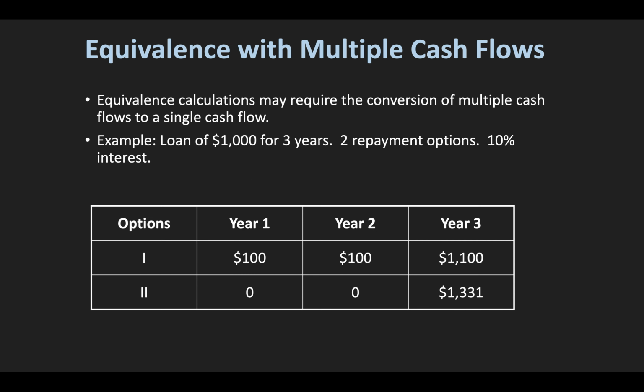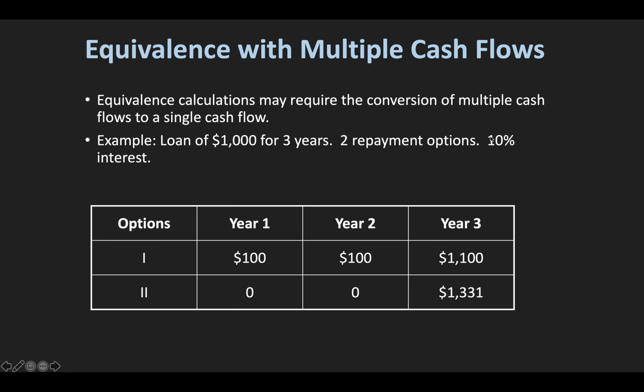So really, here's one example, right? We want to find the equivalence with multiple cash flows. Let's say we want to compare different cash flows. One example would be this kind of example: the loan at the beginning of year one, we got a $1,000 loan, and then we're going to have that for 3 years.